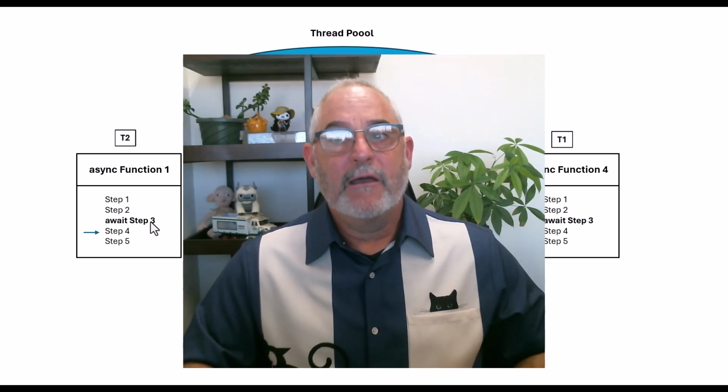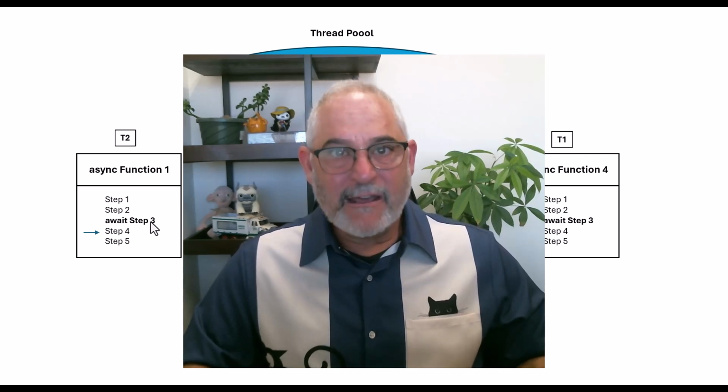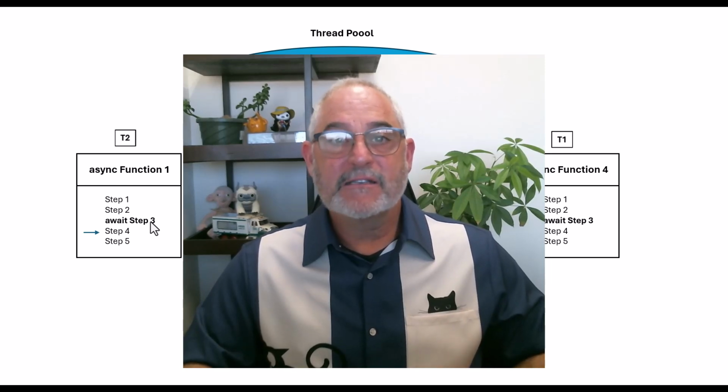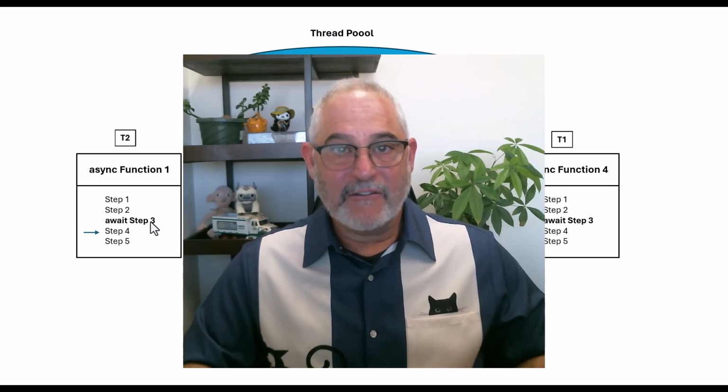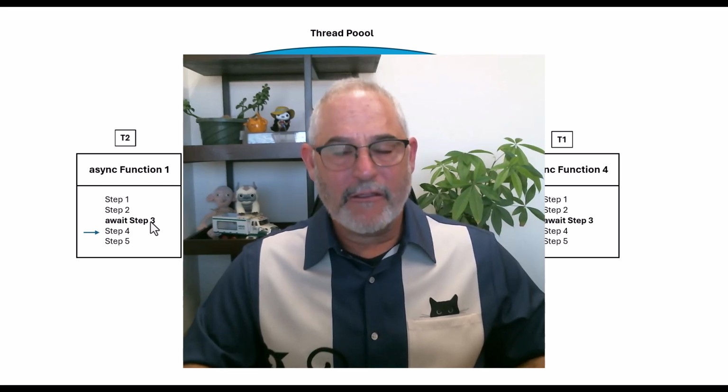We don't know. There are going to be limitations on the thread pool, and writing that code as async allows the operating system and the .NET framework to efficiently assign your work threads and not have contention and thread starvation. So that's what async await is for. That's the problem it solves.